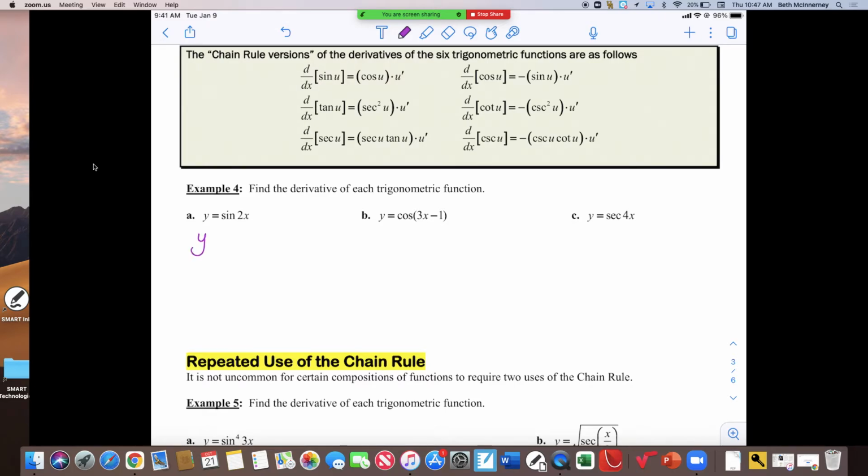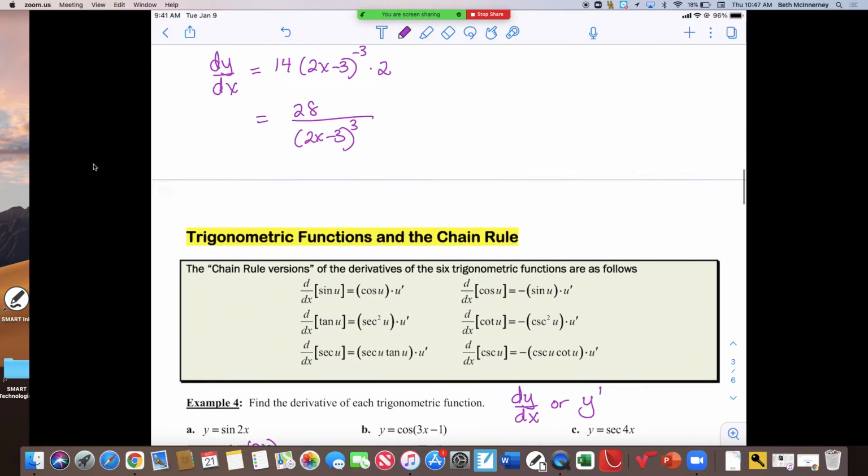So if it helps, rewrite it like this, y equals sine 2x. Now, do you remember that dy dx is the same thing as y prime? You can do them interchangeably.